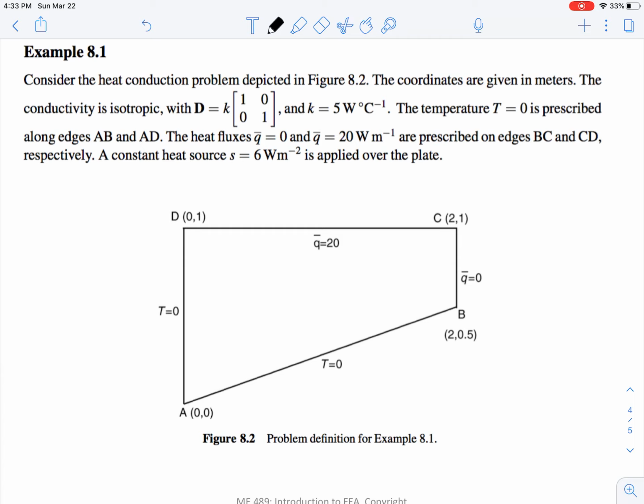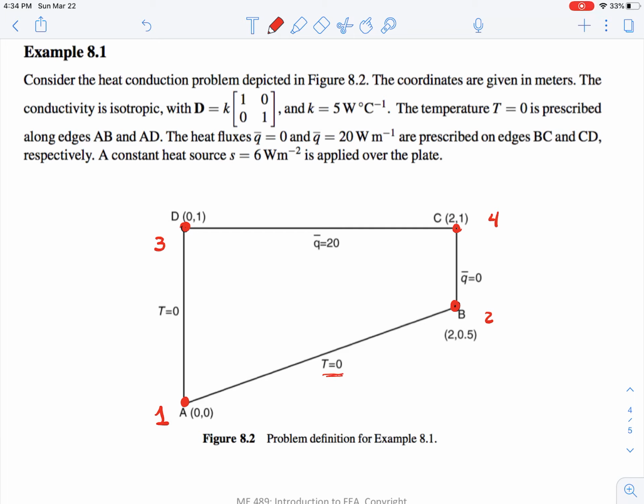We're gonna use two triangular elements. Maybe I'll use different colors. So this will be node 1, this will be node 2, and this will be node 3, and this will be node 4. Similar to what we were doing in 1D, you should number the nodes such that the essential boundary conditions are numbered first.